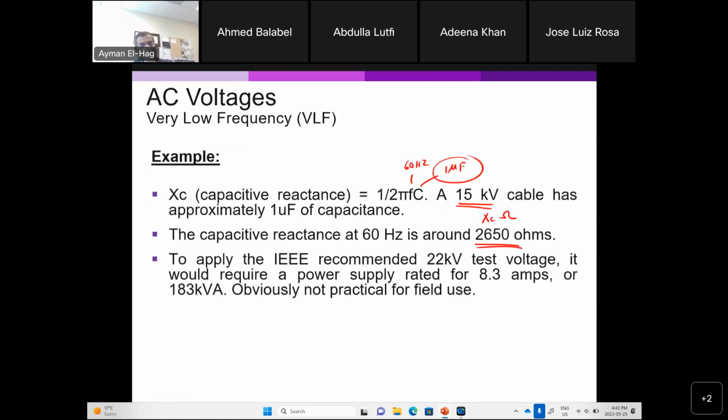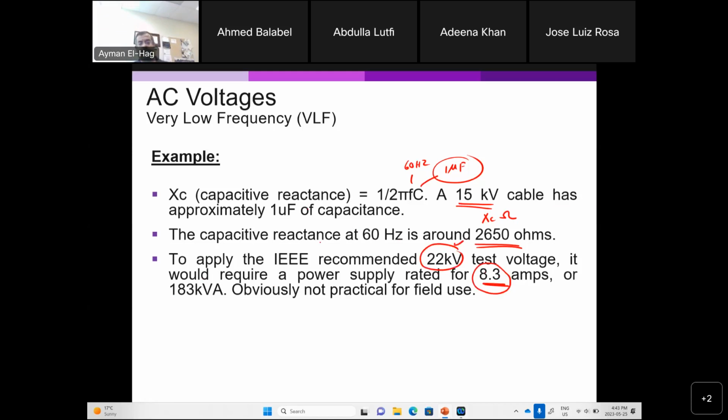Now, when we stress those cables, we need to stress them higher than the rated voltage. So according to the IEEE, we need to stress them at around 22 kilovolt. So that is the voltage. This is the impedance. So we need to supply 8.3 amps. Simple Ohm's law, V over I. Okay. So you will have to have 8.3 amps, which is the rating of the equipment.